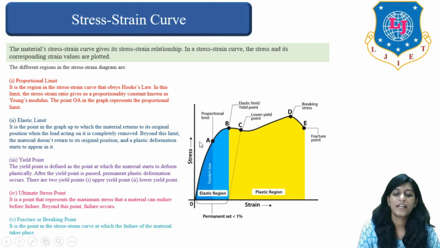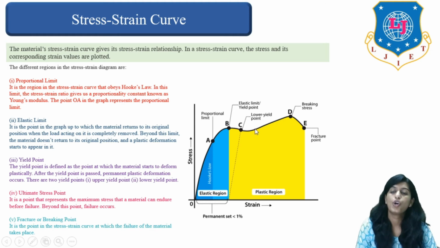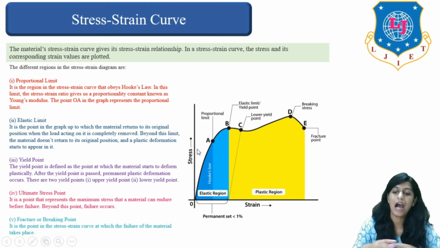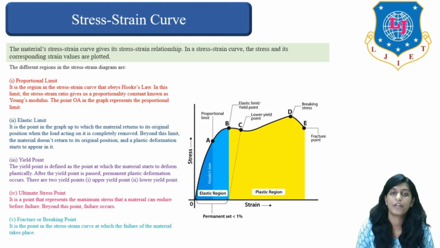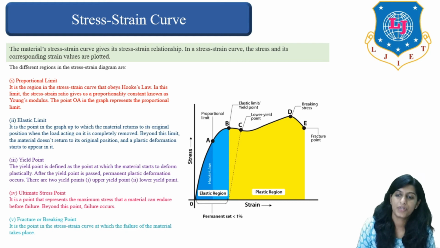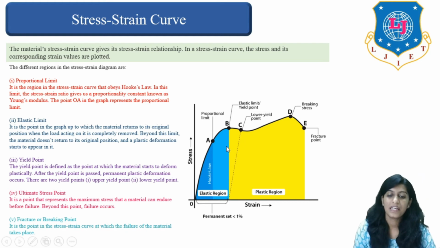There are different points like the proportional limit, elastic limit, lower yield point, breaking stress and fracture point. At each of these points, how the elasticity of the material differs is demonstrated. The proportional limit is the region in the stress strain curve that obeys Hooke's law.